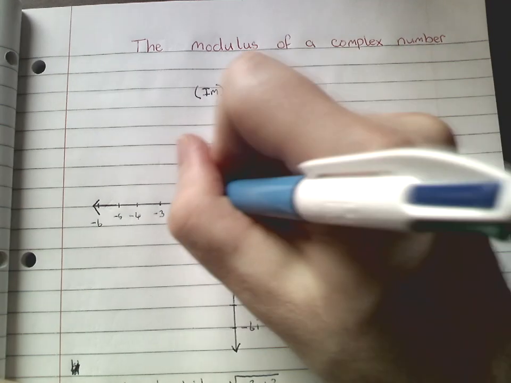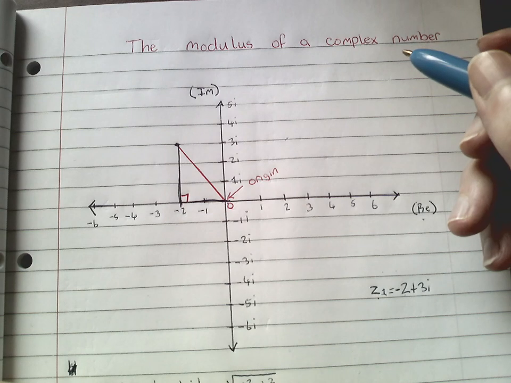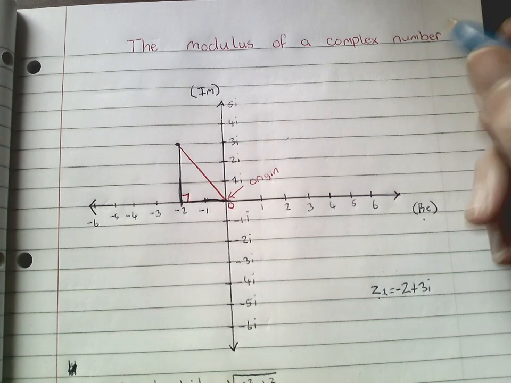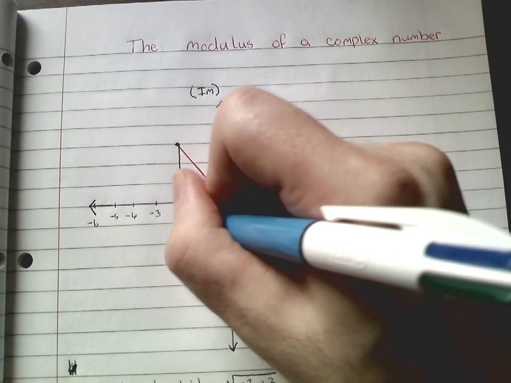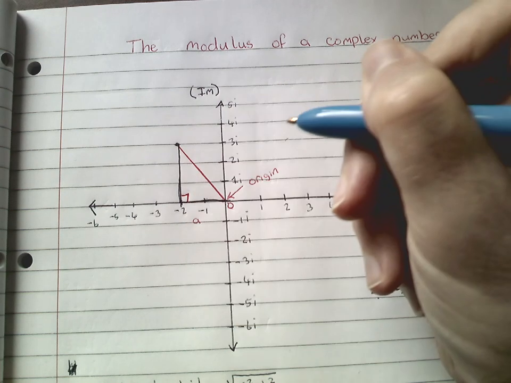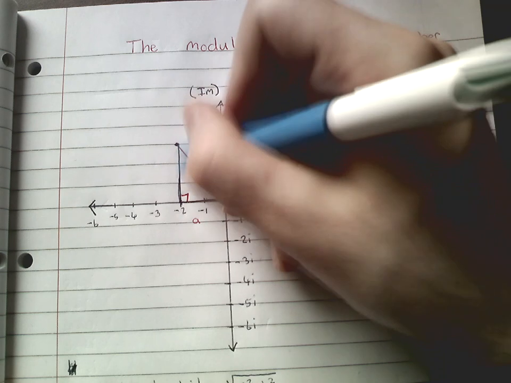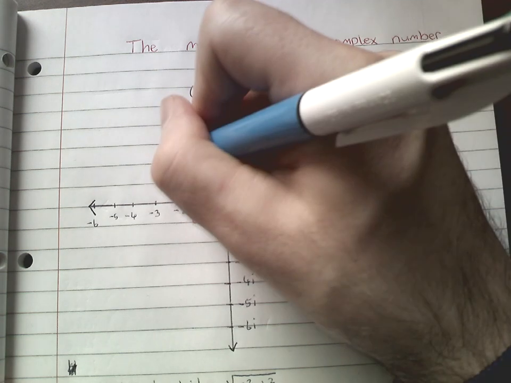So let's say, from minus 2 to 0, I could call this A, and then from 0 to 3, which would be this dimension here, I can call this B.